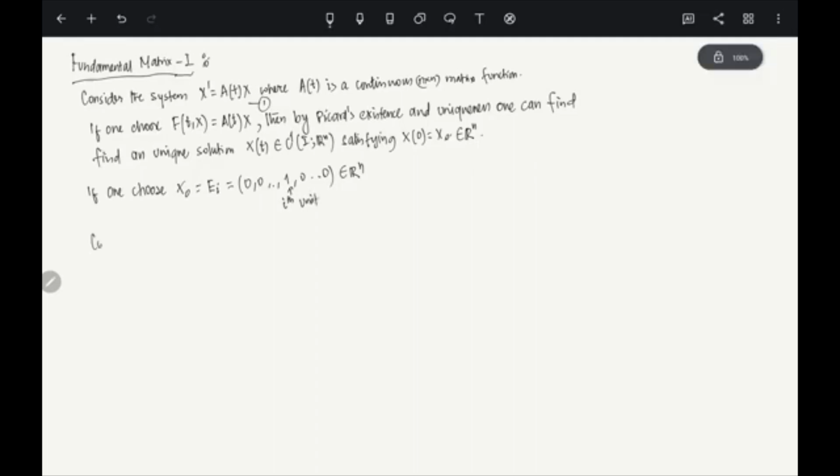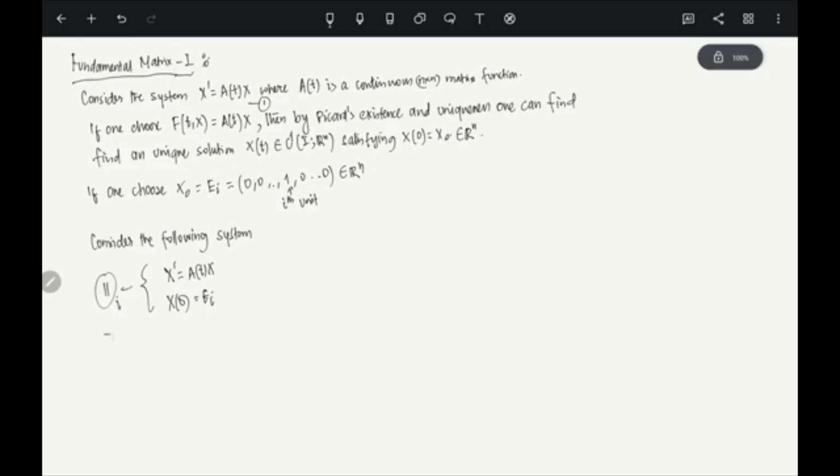If you choose that, then consider the following system, which is given by x prime equals A(t) times x, and x at the point 0 is ei. Let's call this system 2i, because it depends on i.